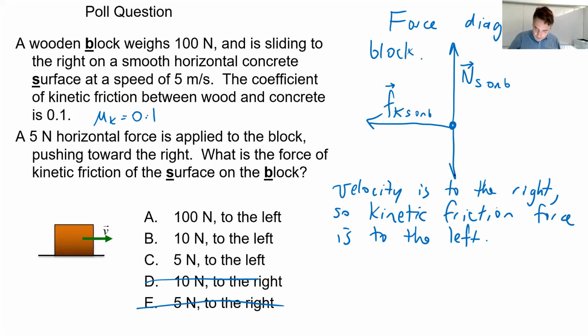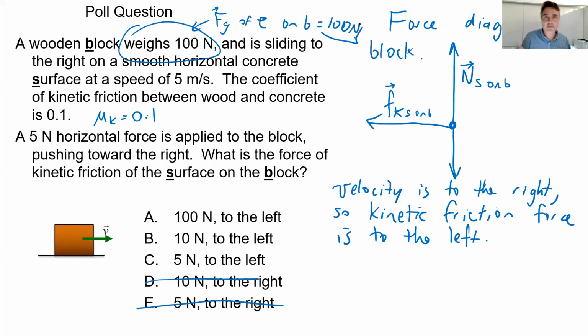And then there's going to be this force. When it says weighs 100 newtons, what it really should say is that the Fg of Earth on the block is 100 newtons. That's what weight means. The force of gravity of the Earth pulling down on the block, Fg of E on B, is 100 newtons down.